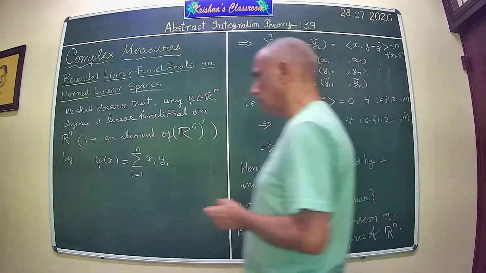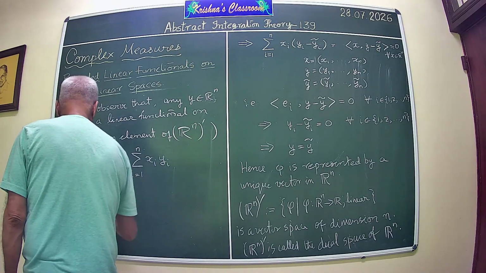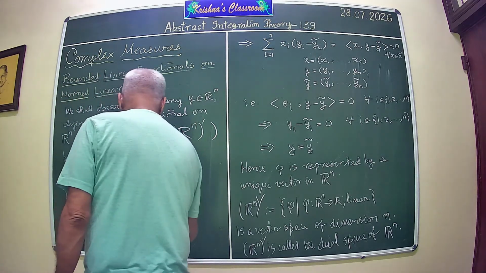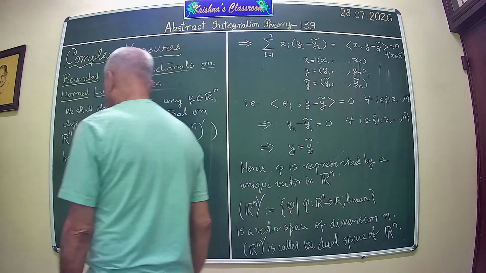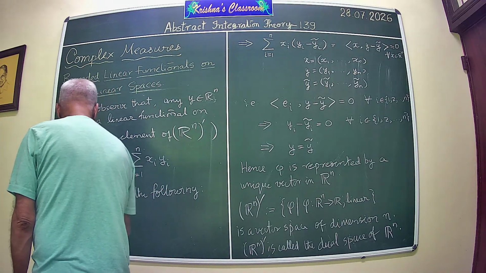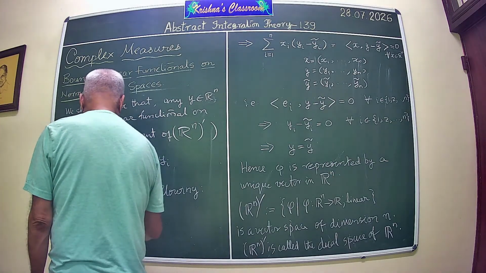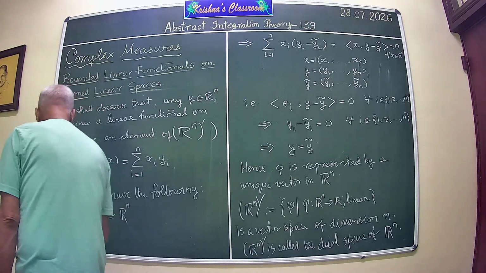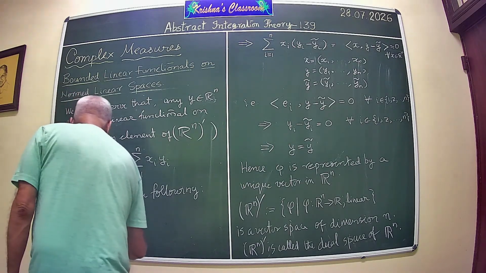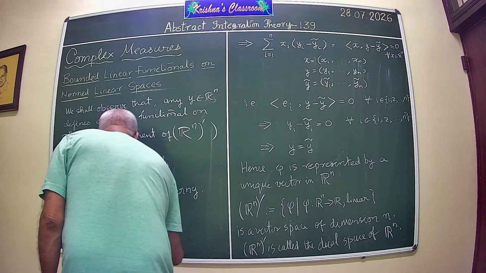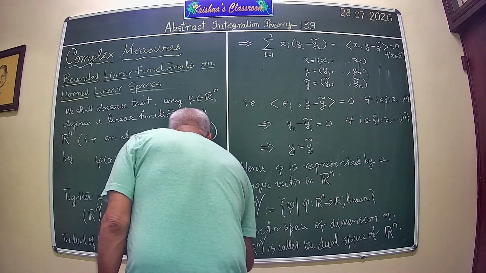Okay. Therefore, together, Rn prime is isomorphic to a copy of Rn, the dual of Rn is isomorphic to Rn.